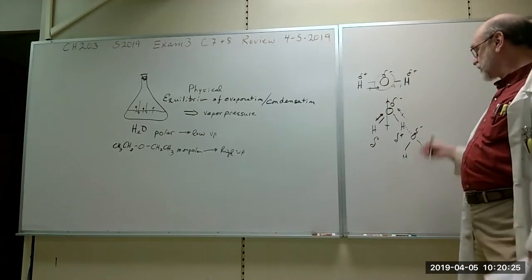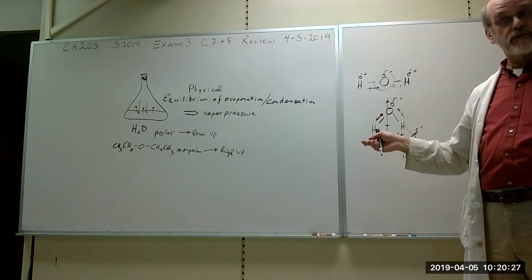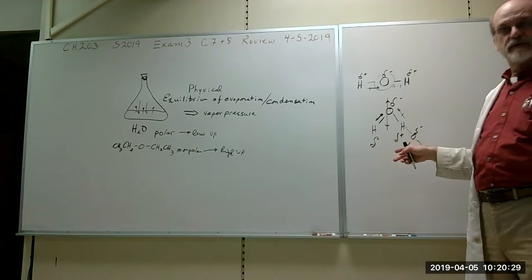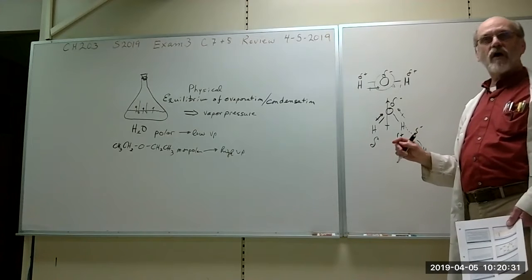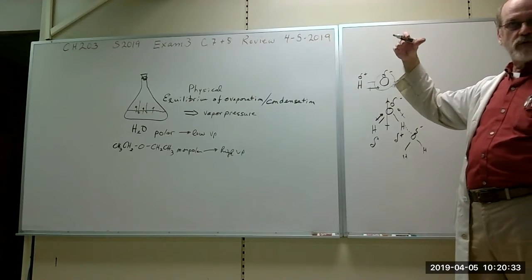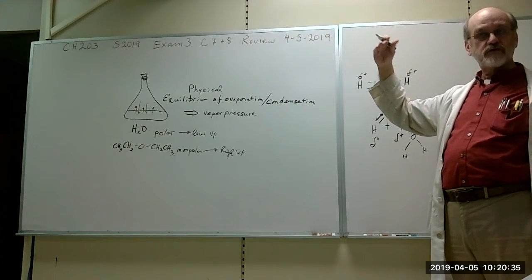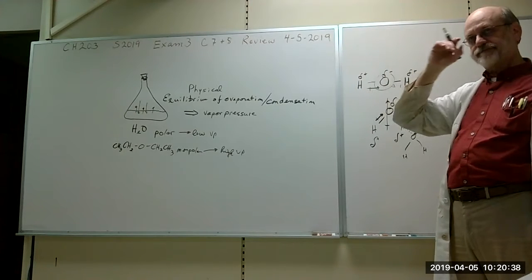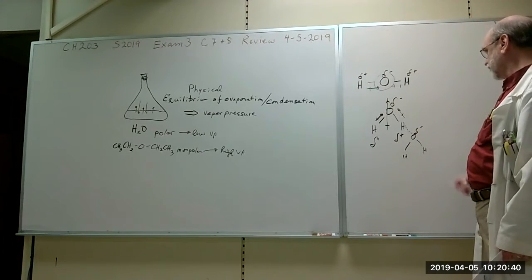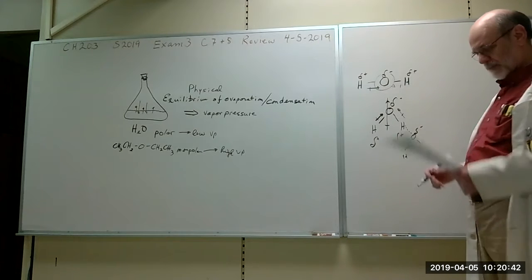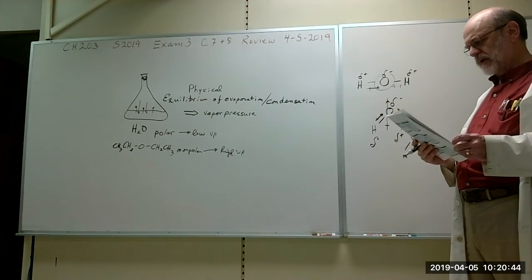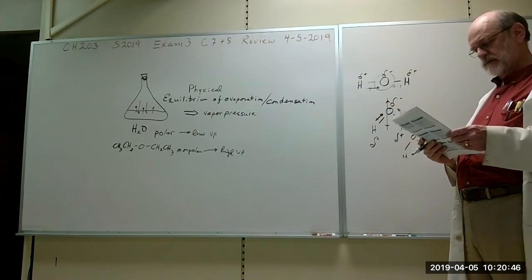In fact, this is a special kind of dipole-dipole interaction. It's called a hydrogen bond. The hydrogen bonds are at the upper end of the dipole interactions. They're the strongest of the dipoles. I think they mentioned hydrogen bond. Yeah, there it is.